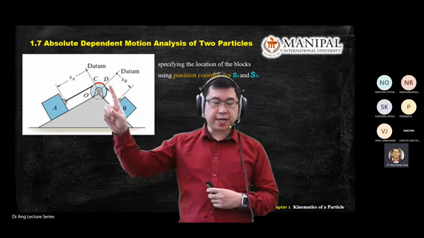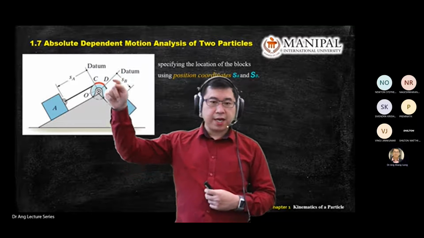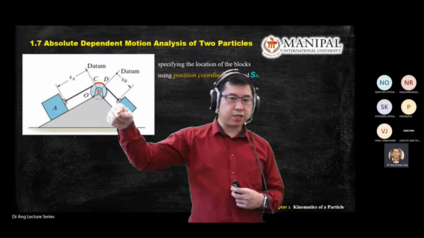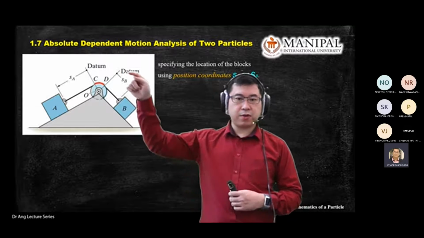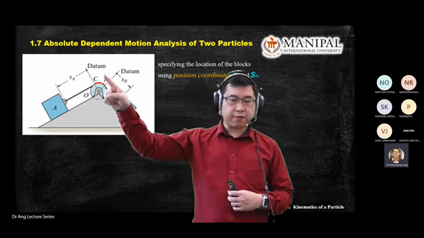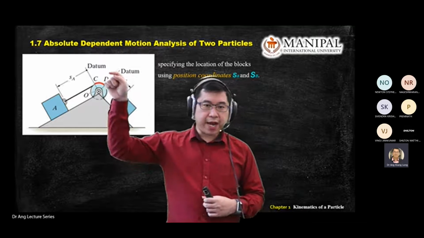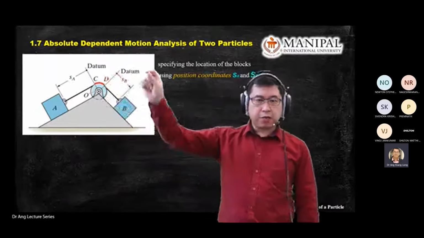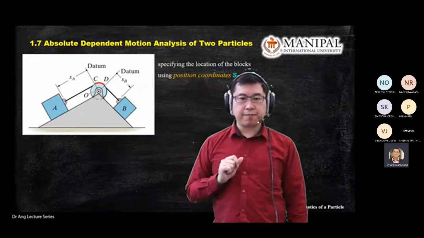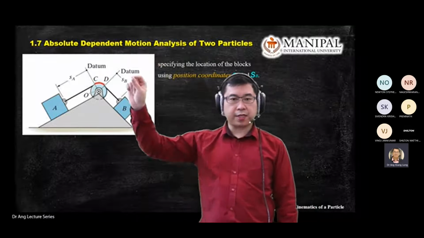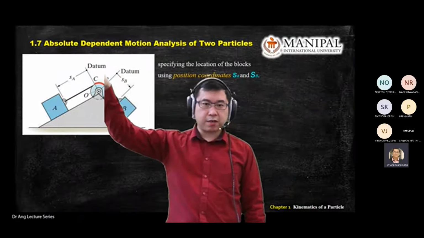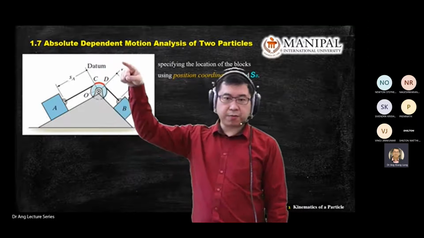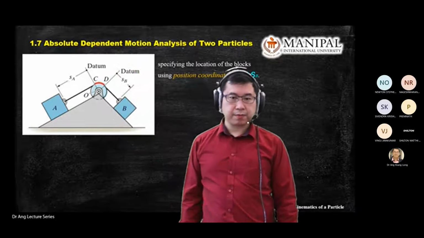SA always refers to the datum and gives you a positive value in its direction. If you look carefully at SA, there's an arrowhead at the bottom. The datum, we always use a small dot to represent the tail or the starting point from the datum to the location of the body. For example, SA's positive direction from the datum is going down.